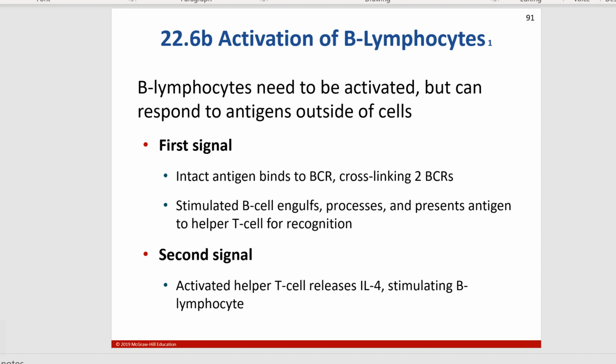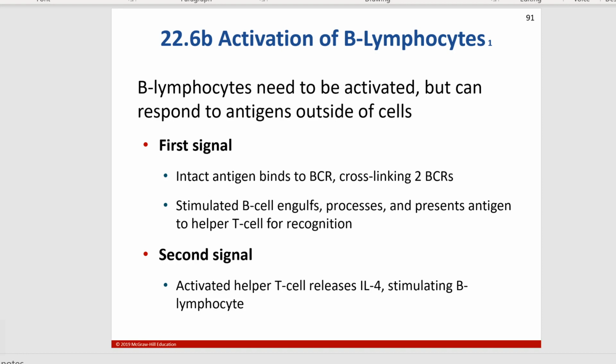Activation of B lymphocytes is kind of similar. Intact antigen binds to the B cell receptor, which cross-links B cell receptors. The stimulated B cell engulfs, processes and presents the antigen to a helper T cell for recognition. So, a stimulated B cell, before it differentiates to become a plasma cell, a cell that makes antibody, will engulf.